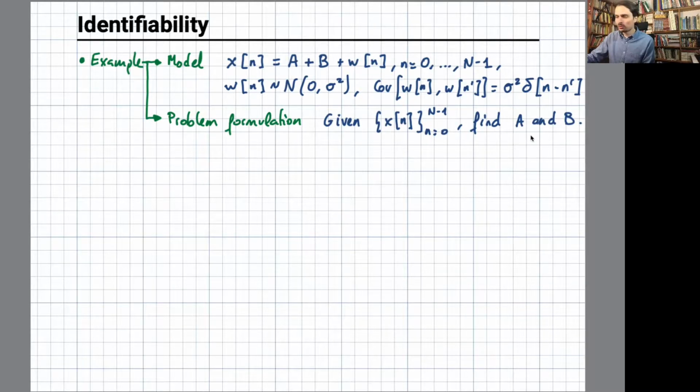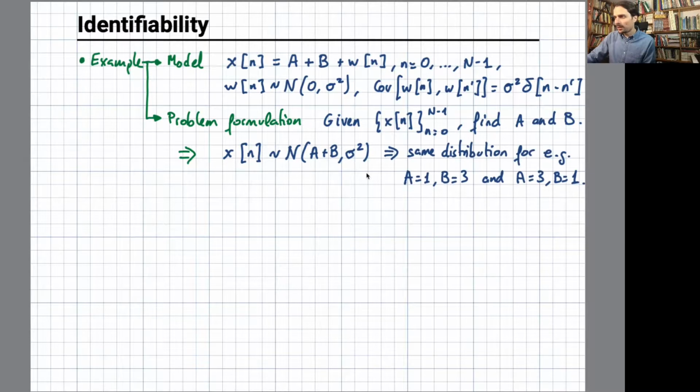To see if this is possible, let us look at the distribution, just by using standard probability theory facts. We can conclude that the distribution of X is Gaussian with this mean and variance sigma squared.